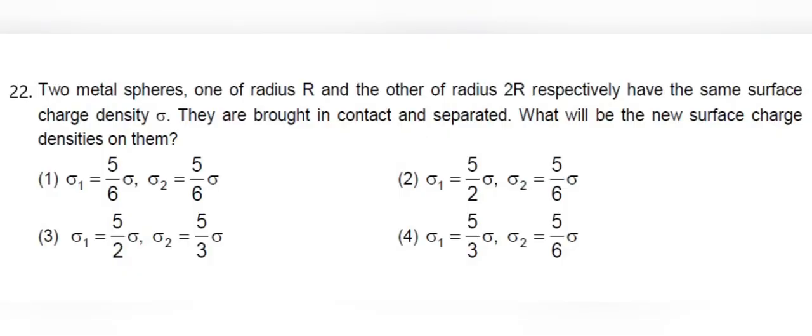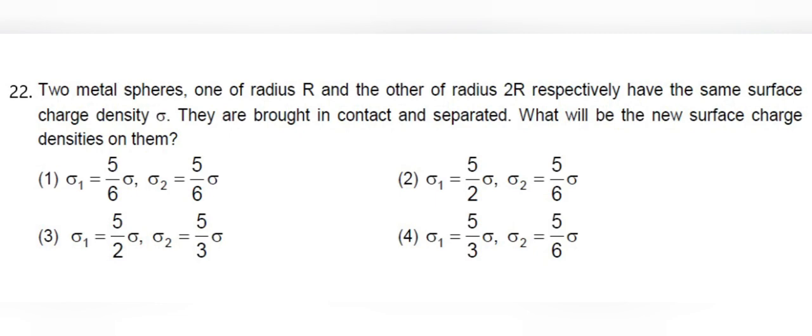Question number 22. Two metal spheres, one of radius R and the other of radius 2r respectively, have the same surface charge density sigma. They are brought in contact and separated. What will be the new surface charge density on them? Option 1, sigma 1 is equal to 5 by 6 sigma, sigma 2 is equal to 5 by 6 sigma.